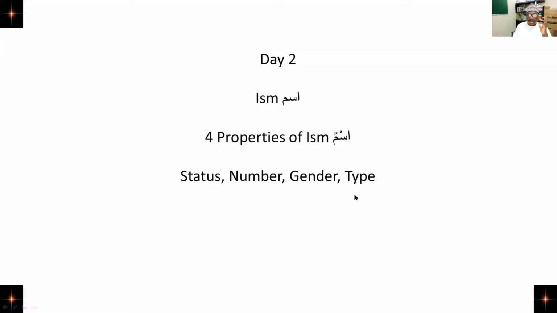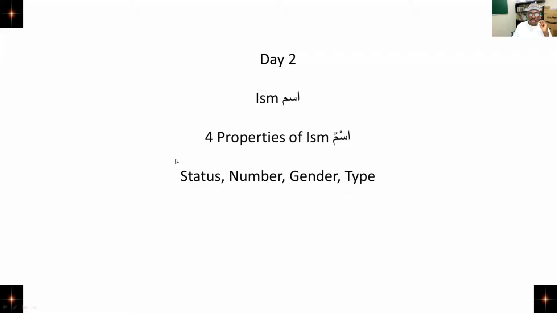Which means, in other words, status has certain features, or there are certain things to consider. Number has certain features. Gender has certain things to consider, as well as type. They also have certain features or certain things to consider to be able to know the type of an ism.